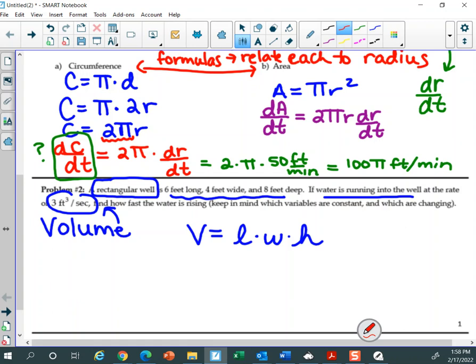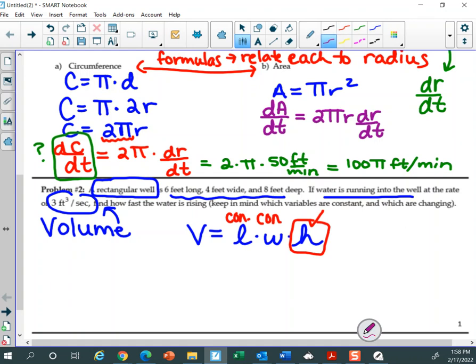When I put water inside of a rectangular tank, and I measure the water at any given point, that's the only guy that's changing. That's a constant, and that's a constant in this particular problem.